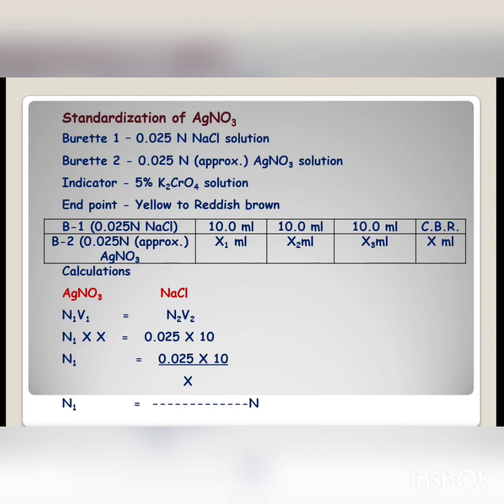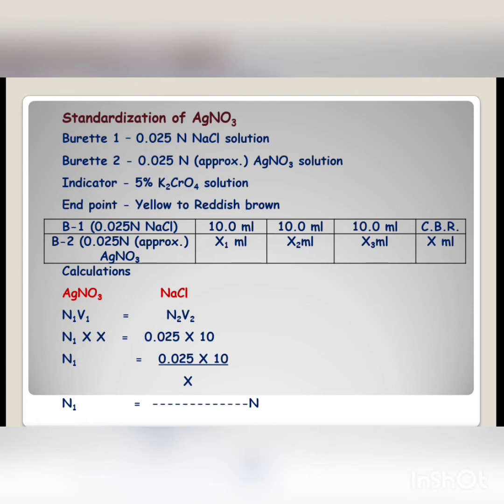First of all, we will take 10 ml of 0.025 normal sodium chloride solution in a conical flask, and in that we are going to add 1 ml of 5% potassium chromate indicator. This is yellow in color, so the color of the solution will be yellow, and this solution we will titrate with silver nitrate till the end point.